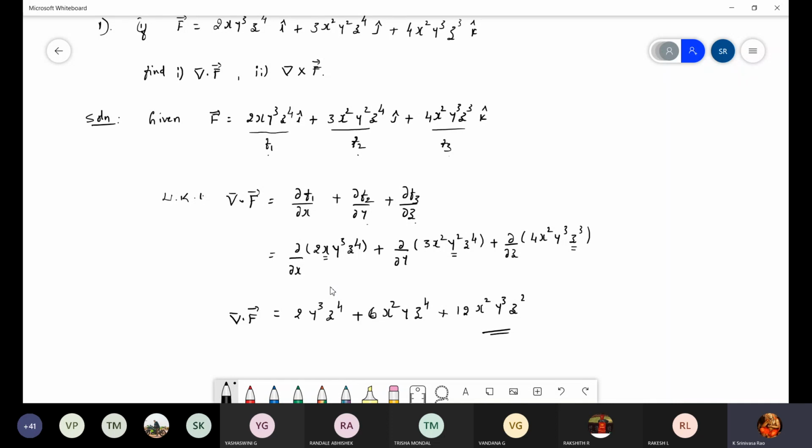Yes, this is the solution for the first one. Similarly, the second one.